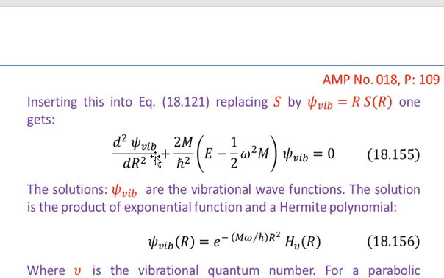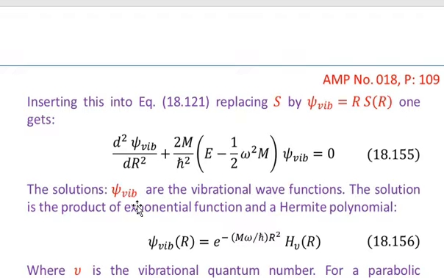So d square psi vibration divided by dr square plus 2m over h bar square, within parenthesis E minus half omega square m, and outside this parenthesis we have psi of vibration equal to 0. So you see that this is the differential equation where psi vibration is the wave function corresponding to the vibrations of the molecule.